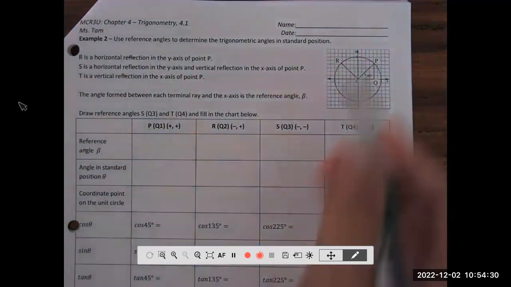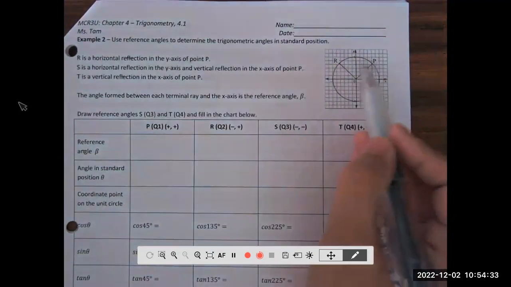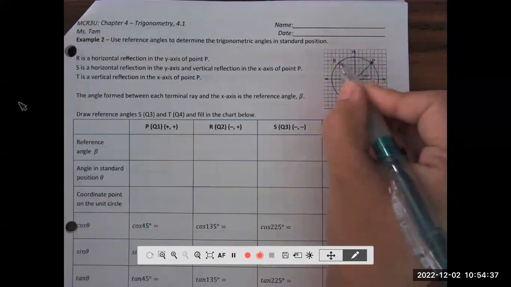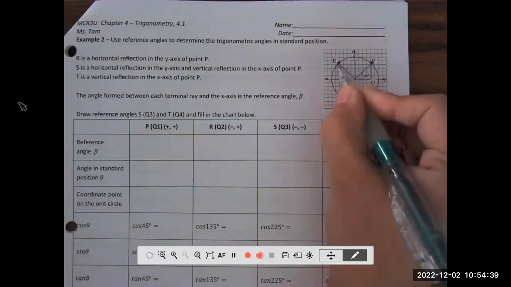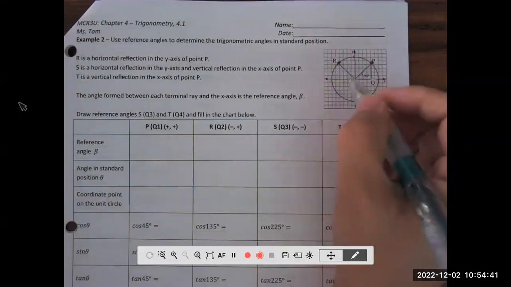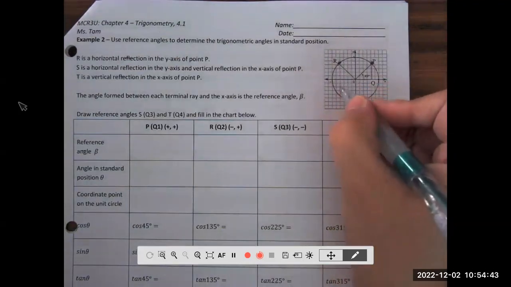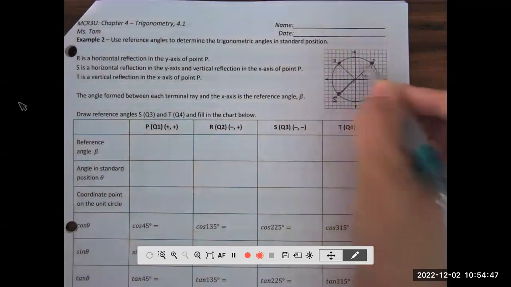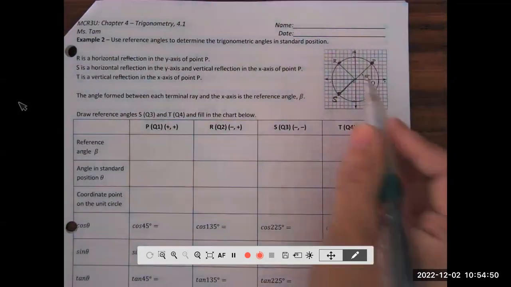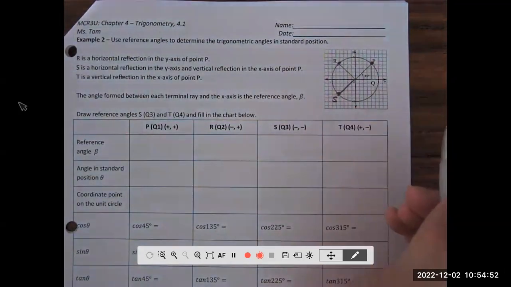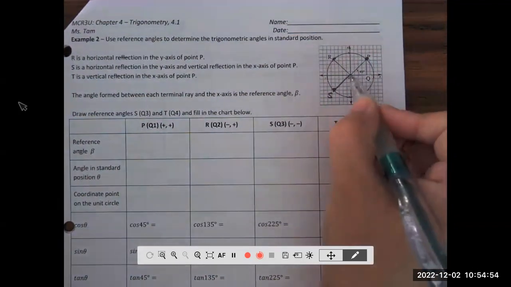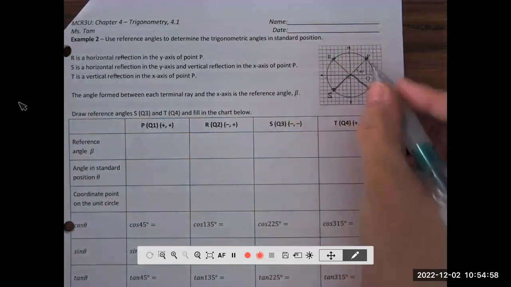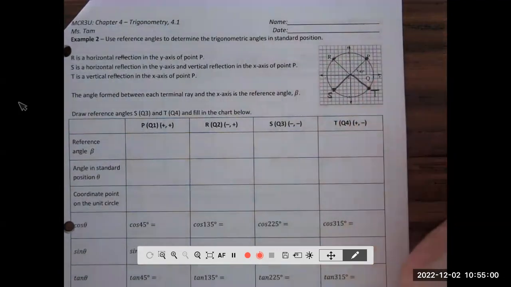So here, R is a reflection of P. Here is my point P. R is a reflection of P. S can also be a reflection of P in the y-axis and then the x-axis. And then T is a reflection of P in the x-axis.